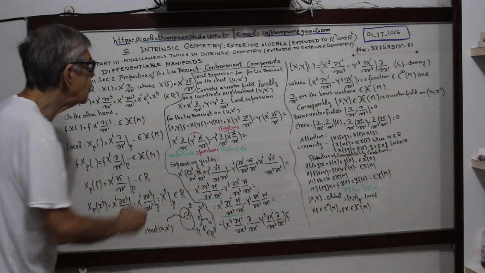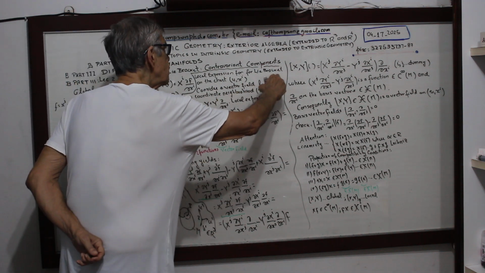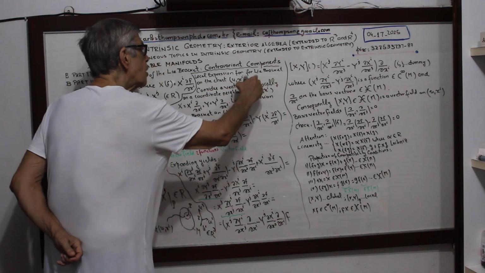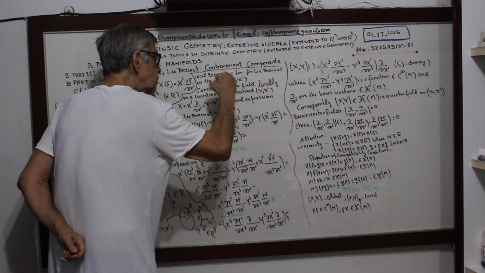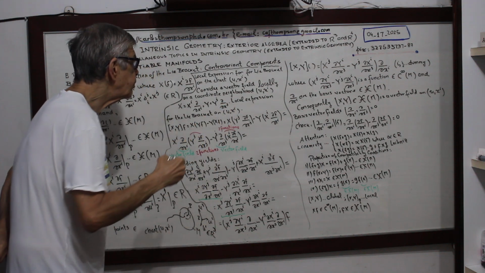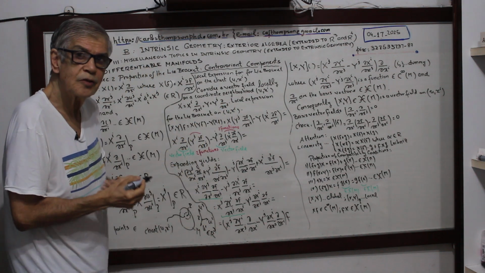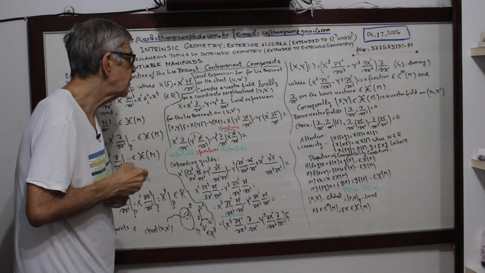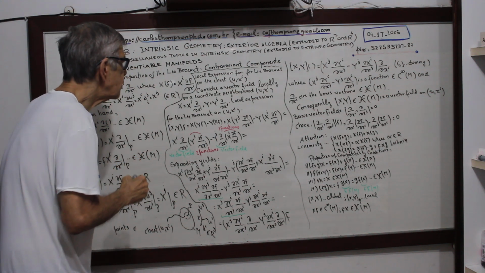So, the local expression for the Lie bracket on the chart. The chart is the region, the small region, which lives, you see, in the tangent vector space.